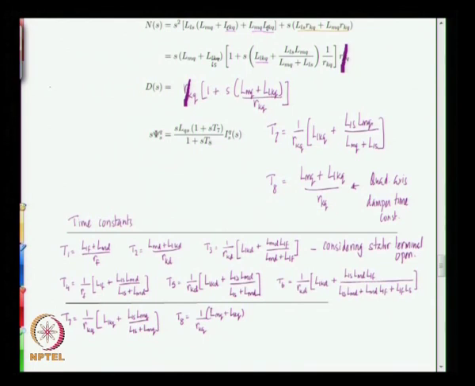Just to briefly recapitulate, if you look at the D axis equivalent circuit in this form, that is the D axis circuit, this is LLS, you have LMD, RKD, LLKD, LLF and RF, with the voltage Vf being applied here as a function of S, Laplace transform domain.